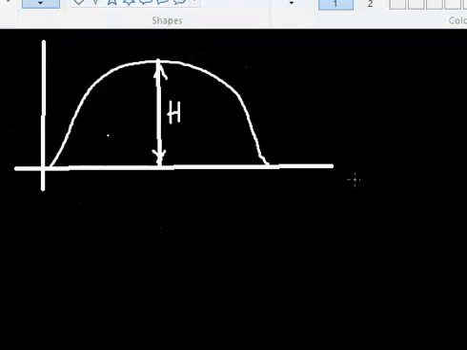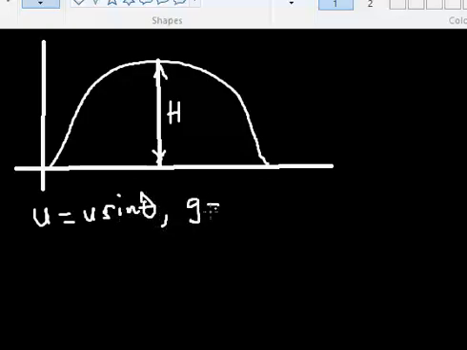So now, how do I actually prove the formula? How do I get the formula for the maximum height? Of course, my parameters still remain: u is u sine theta. The g is still a parameter I need to include, which is negative.